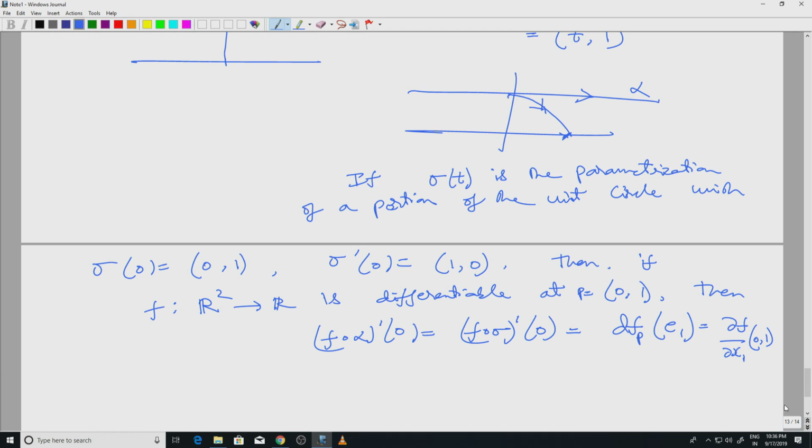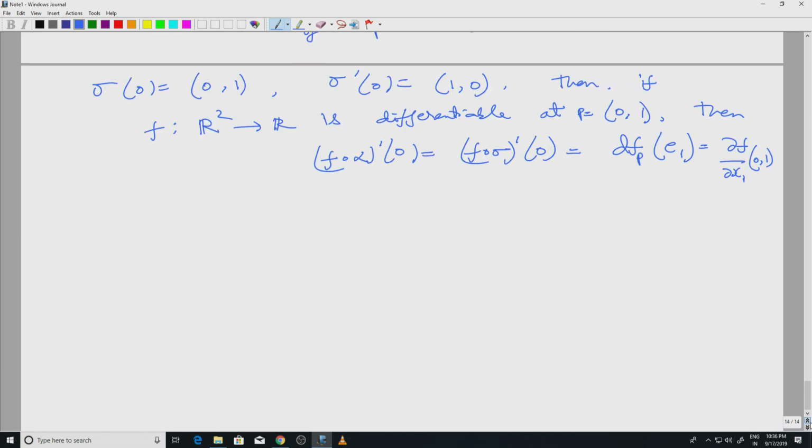Now let me do something slightly more interesting: more examples of derivatives. To talk about these examples, there's a couple of things I have to introduce.